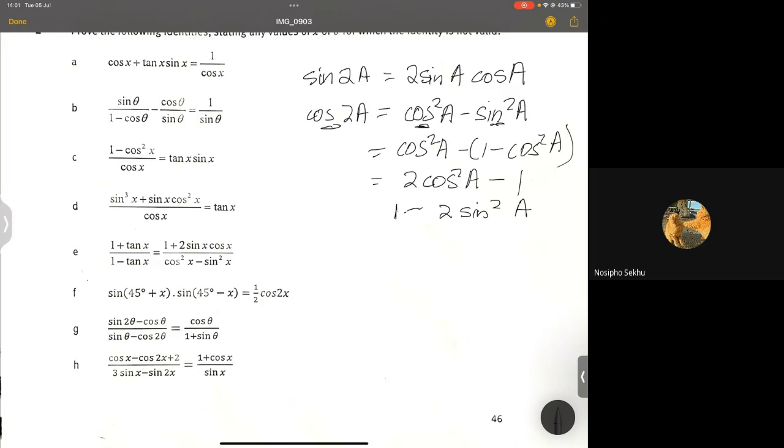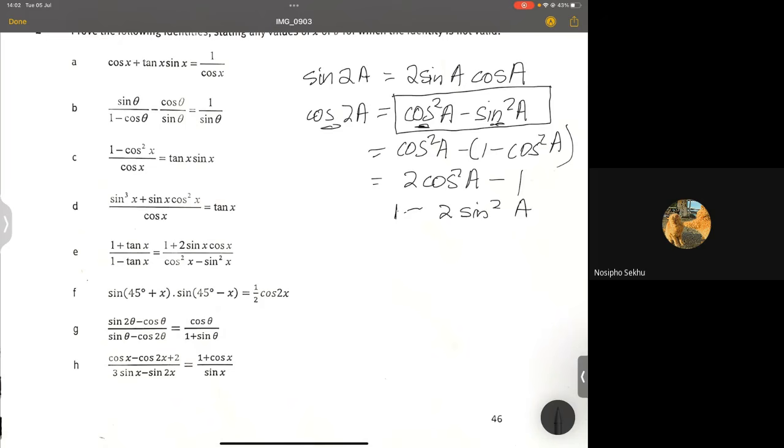So once I have cos of 2a, it's not really a nice thing, but we will always try to find an answer. Something else I want you to note, because I'm going to give you some exercises: cos squared of a minus sine squared of a. Do you realize that you've got the difference of two squares?